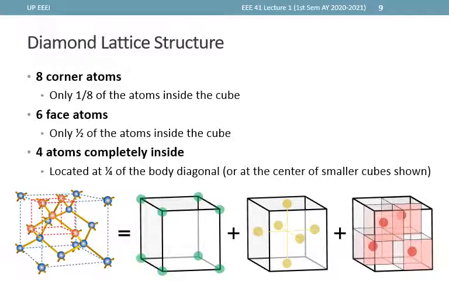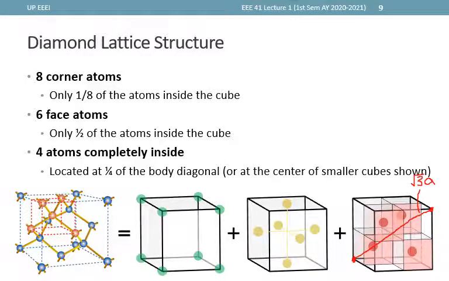The location of these atoms is at 1/4 of the body diagonal. So let's be clear: the body diagonal is from one corner to the opposite corner, and when we draw a line between those corners, the length will be square root of 3 times a.